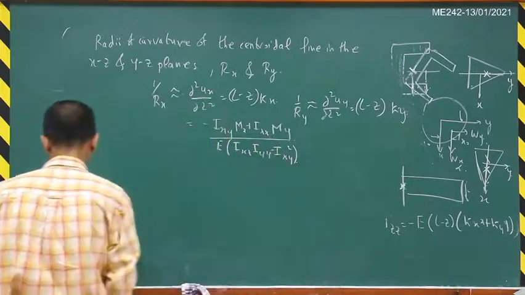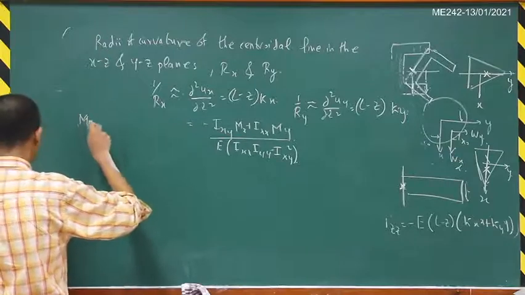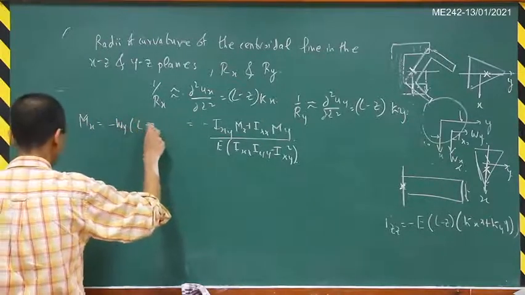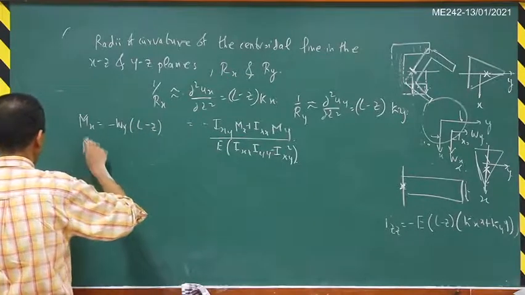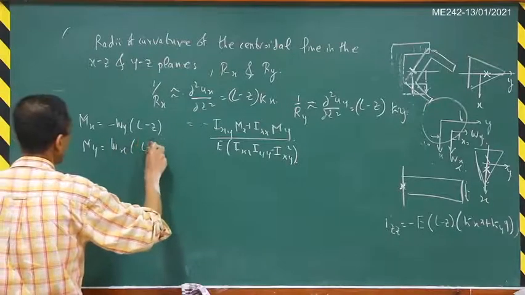Now, Mx is equal to minus Wy times L minus Z, and My is equal to Wx times L minus Z.